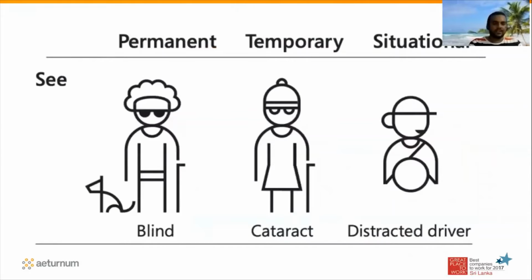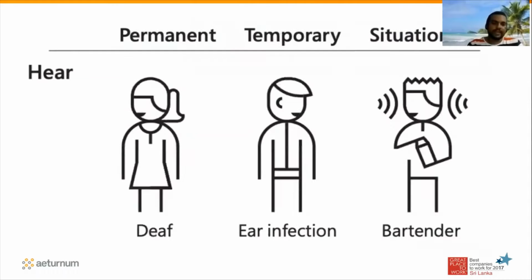Okay, see. Permanent is blind, temporary is cataract, and situational is distracted driver. And when you move to hear, permanent is deaf, meaning we can't hear anything, temporary is ear infection, and situational is bartender.